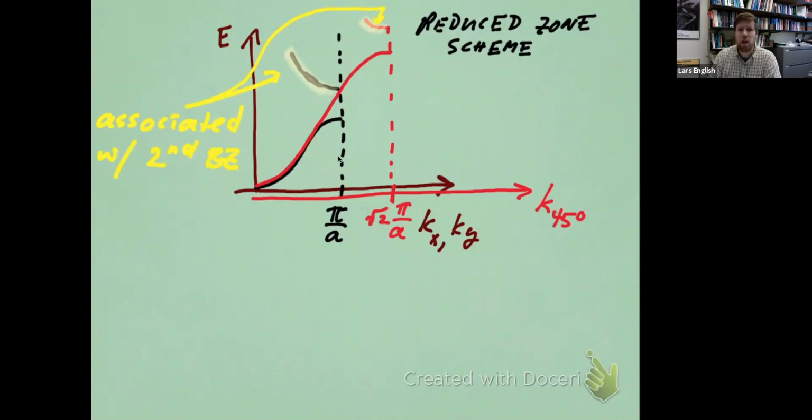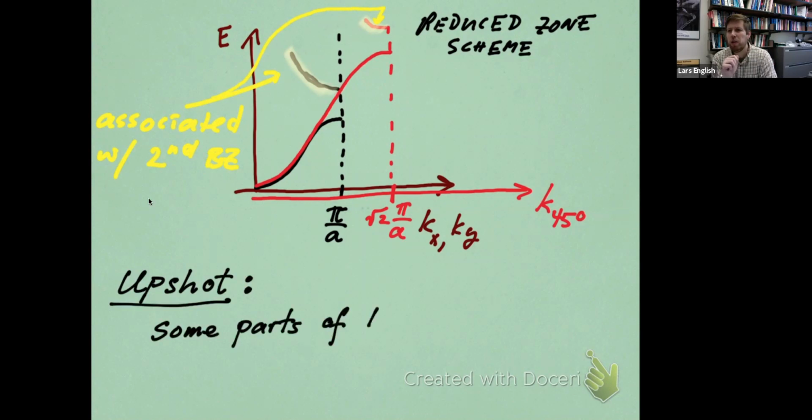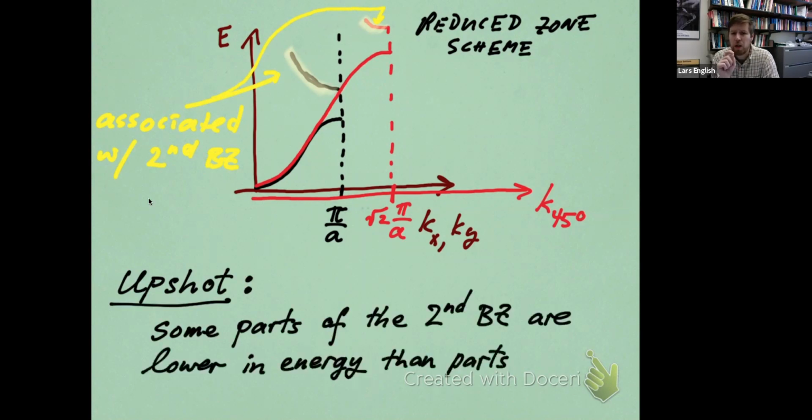Well, first off, there are these bits here that are associated with the second Brillouin zone, or we could say the second band. Notice, here's an important point. Some parts of the second Brillouin zone are now folded into the first Brillouin zone.